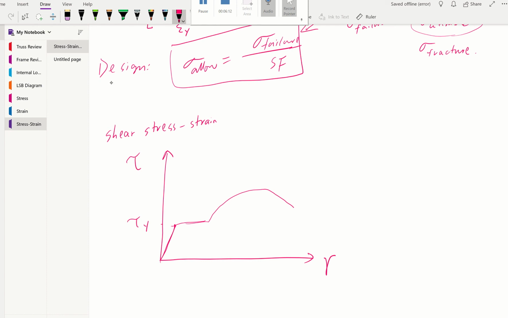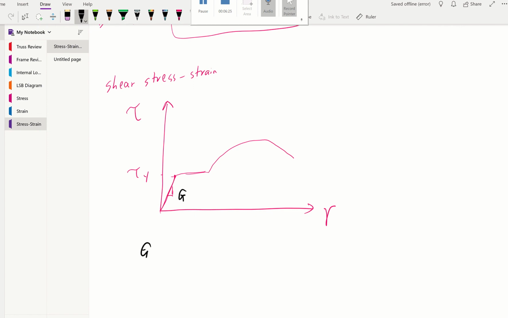Now, instead of E for Young's modulus as the slope, we're going to have a new parameter called G. G is called the modulus of rigidity, or you can call it the shear modulus.